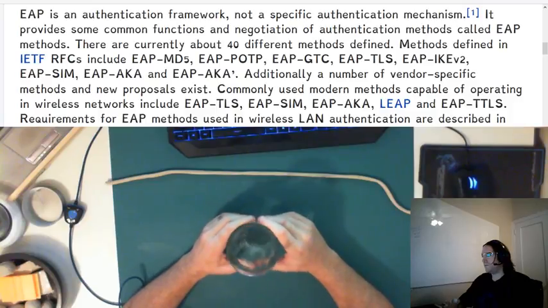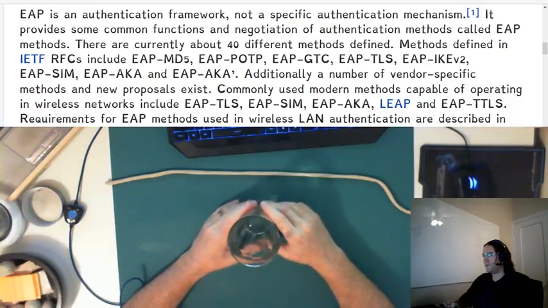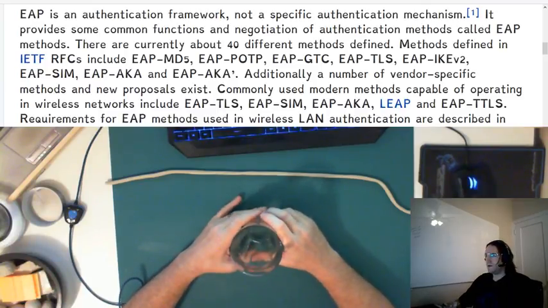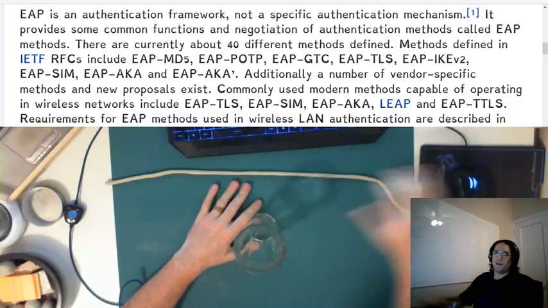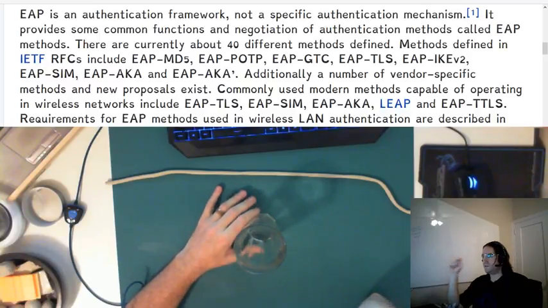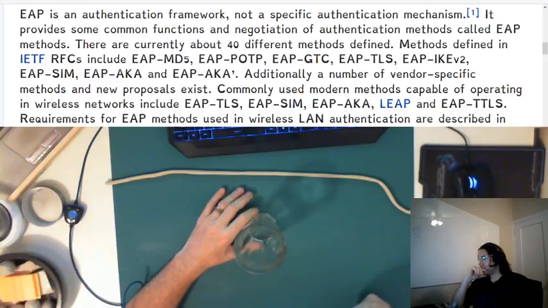Commonly used modern methods capable of operating in wireless networks include EAP-TLS, EAP-SIM, EAP-AKA, LEAP, and EAP-TTLS.